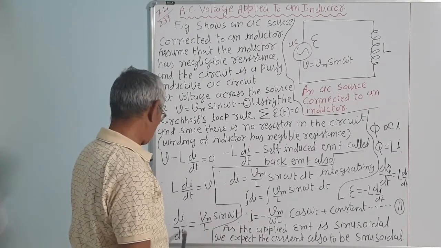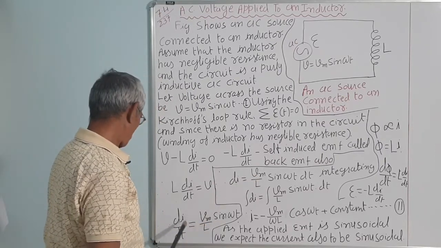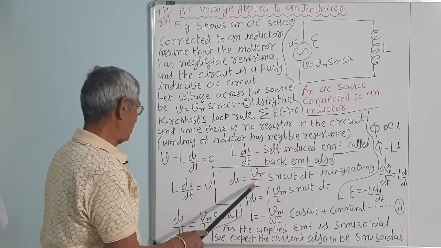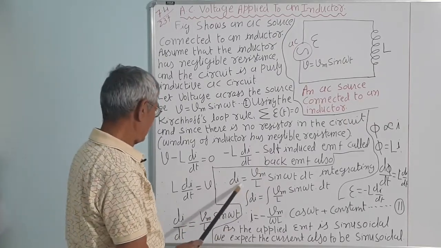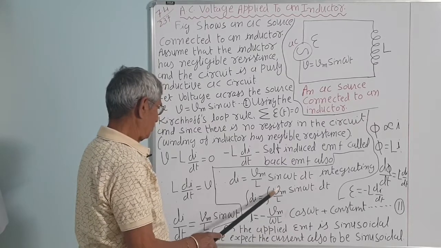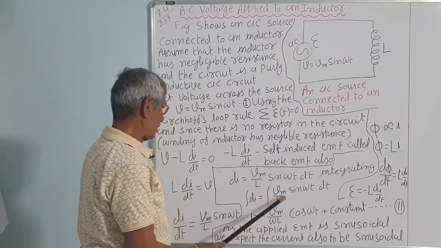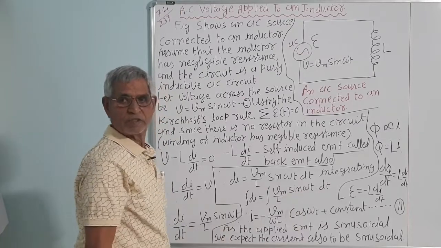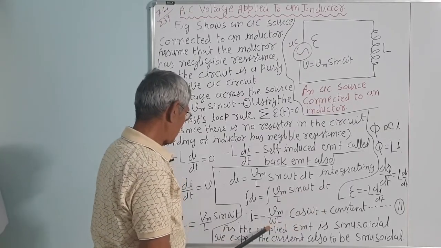Taking the integration, di is equal to the integral of Vm by L sin omega t dt. The integration of sin omega t is minus cos omega t upon omega.